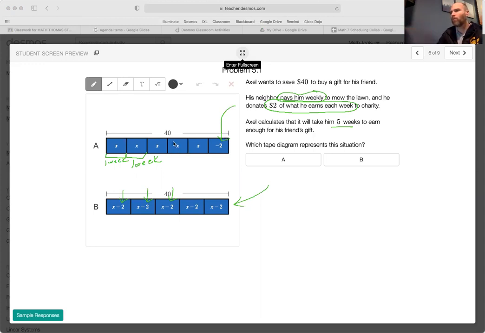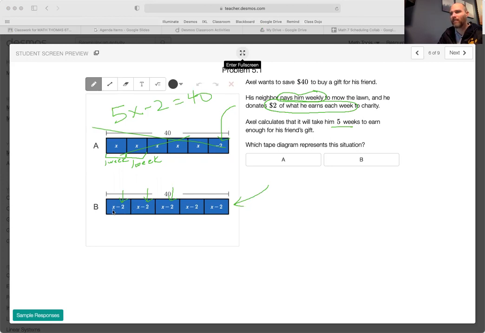So as far as the equations that come from this, in tape diagram number A, I see 1, 2, 3, 4, 5 x's. And you can write that as literally 5x, right? 5 times x. Then -2 equals 40. This equation matches this tape diagram, but this tape diagram does not match the question.